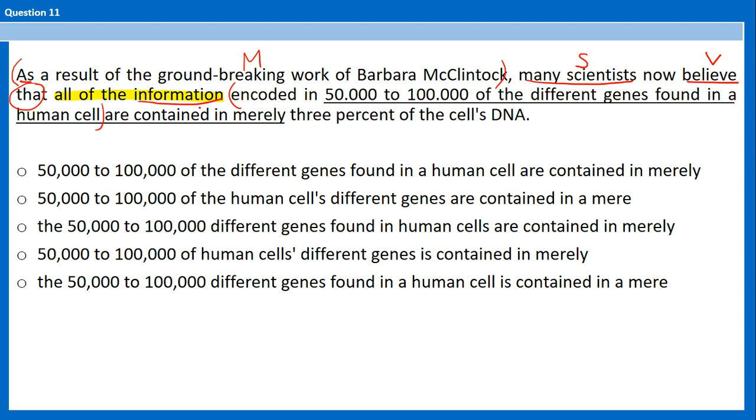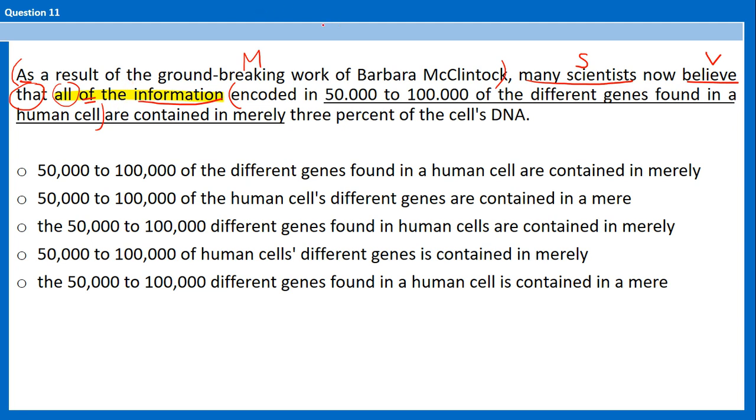So the information, okay, all of the information is singular. When you have all, the subject follows the preposition of. Okay, so this is a bit unusual. It breaks the norm.